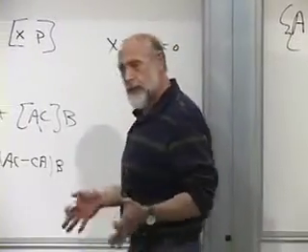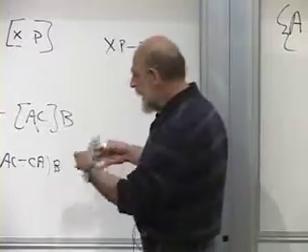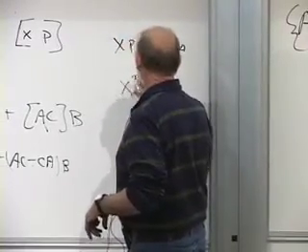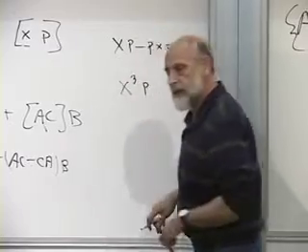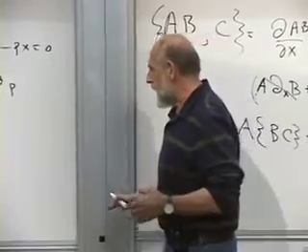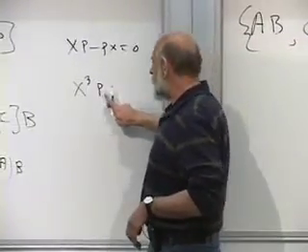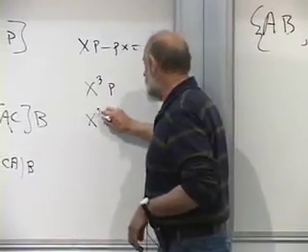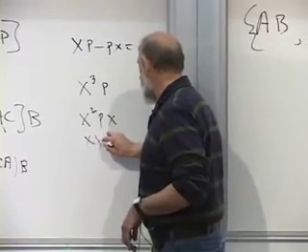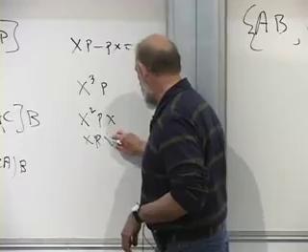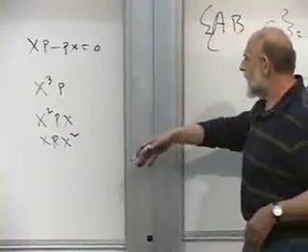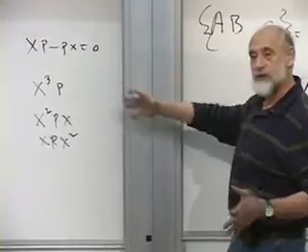If I do some complicated calculation, and at the end of the day, I get x cubed p, then I don't know whether in quantum mechanics this stands for x cubed p, it might stand for x squared px, it might stand for xpx squared, or it might stand for px cubed.